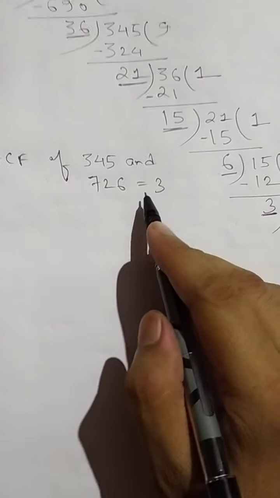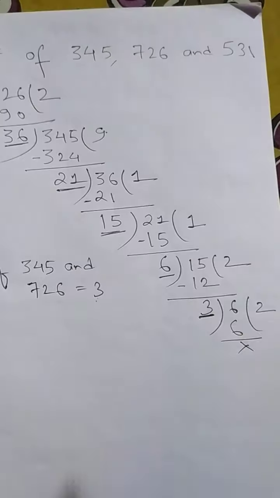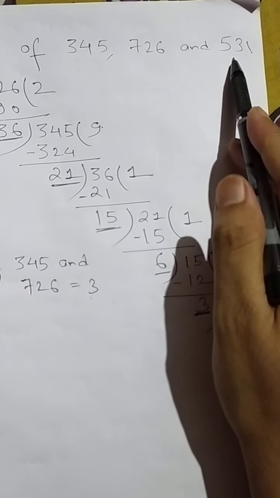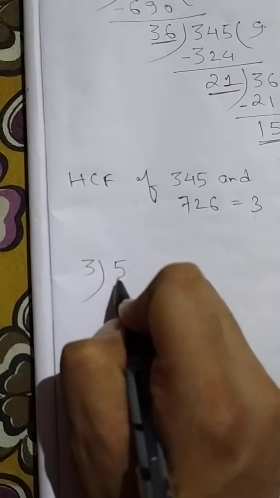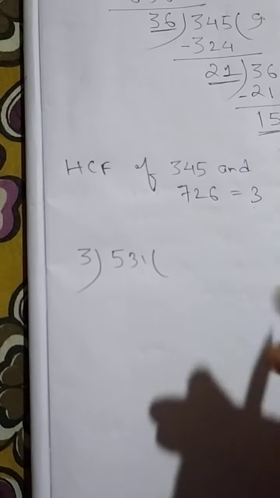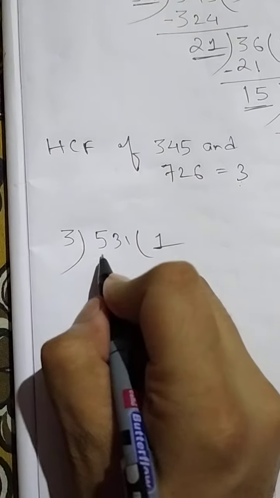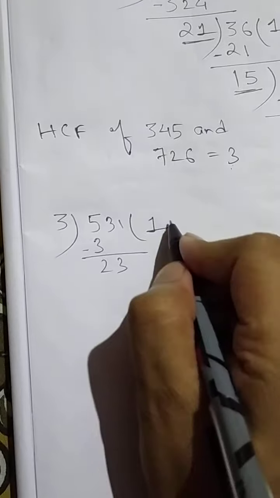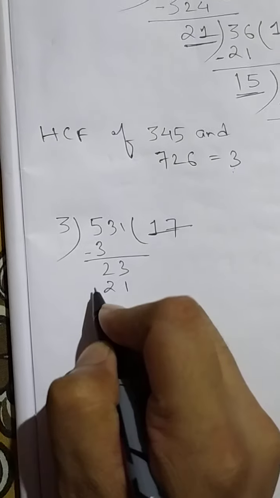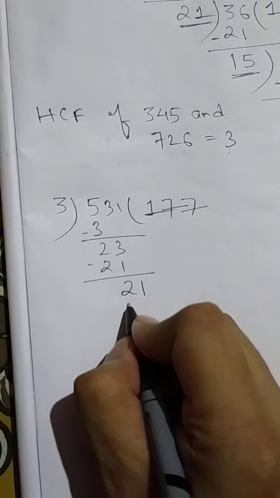Now with this HCF you have to find out the third number. You have to divide the third number, 531. So again let's start. 3 and 531. So 1 time 3, 23. 7 3s are 21, 2 and again 1, and 7 3s are 21.